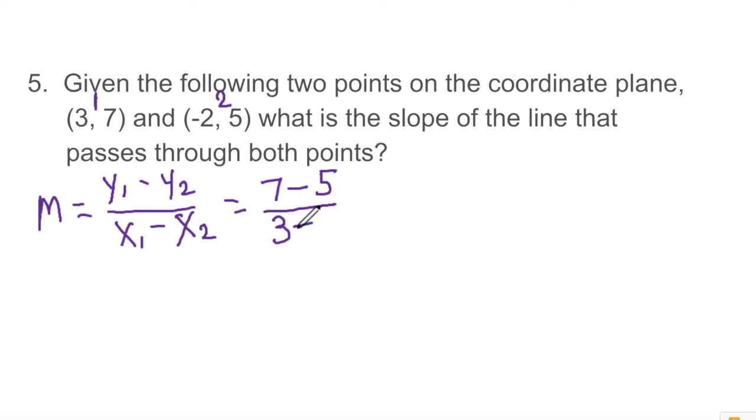So since we get two negatives, right, 3 minus negative 2, those cancel each other out and it becomes 3 plus 2. Two negative signs cancel each other out. So we get 7 minus 5, which is 2, over 3 plus 2, which is 5, 2/5. So that is our slope of the line that contains those 2 points. That's it.